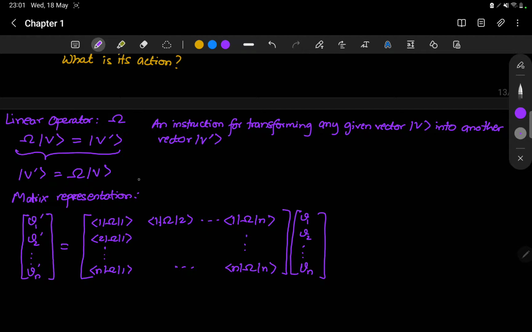So this is the matrix representation of the linear operator.